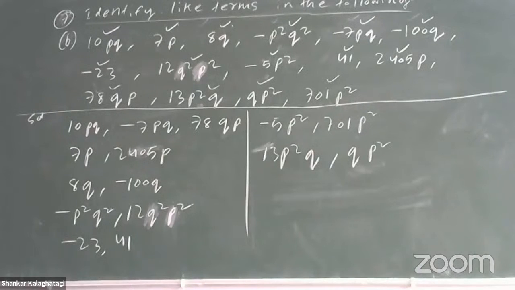So all of you understood now? These also? Next, what do we have? This exercise is over, sir. Yes. This exercise is over. Next exercise is addition and subtraction of multiplication.